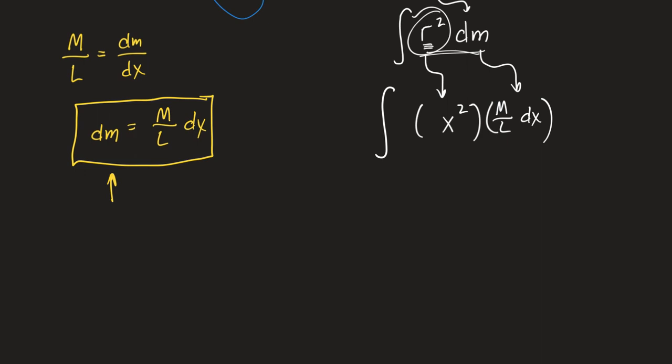So step 1, replace dm. Step 2, replace r. And step 3, identify where the first piece of mass is and the last piece of mass. The first piece of mass goes on the bottom. The last piece of mass goes on the top.